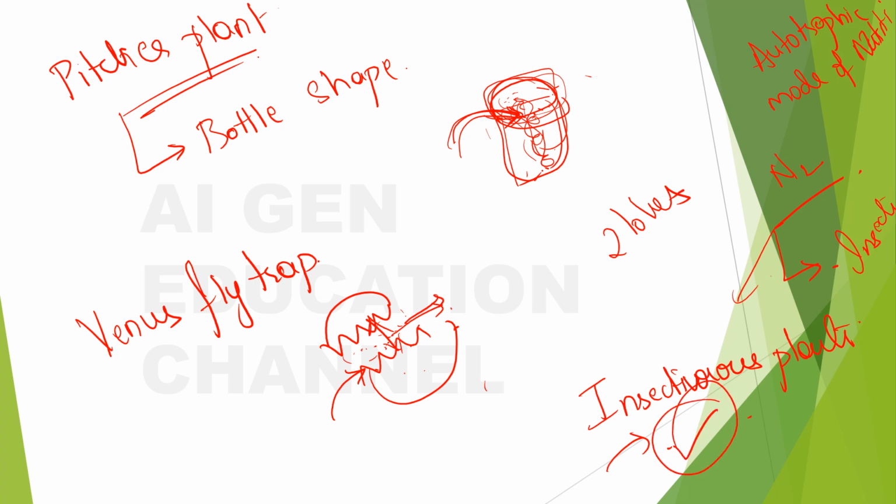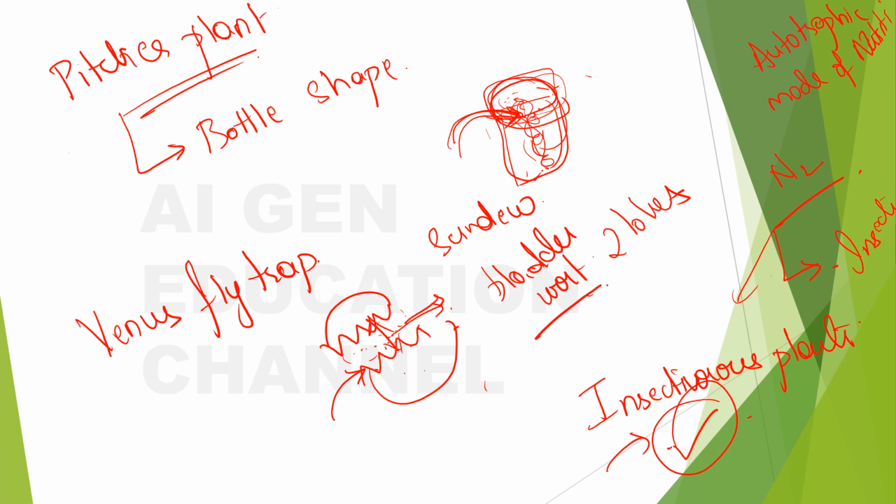And the examples that I have mentioned, what were those? We have seen the pitcher plant and Venus flytrap, and apart from this we know that sundew and bladderwort are also plants that show the heterotrophic mode of nutrition.